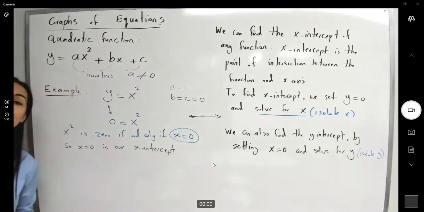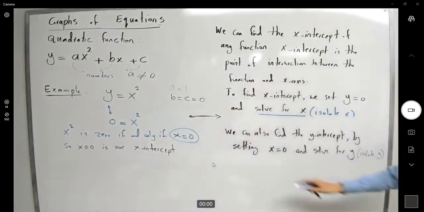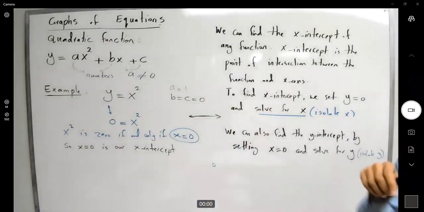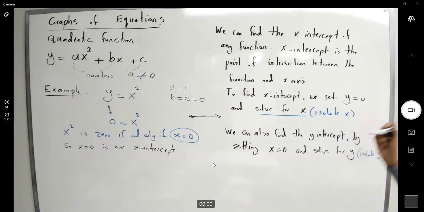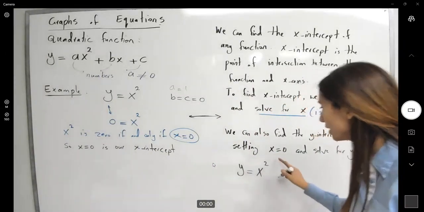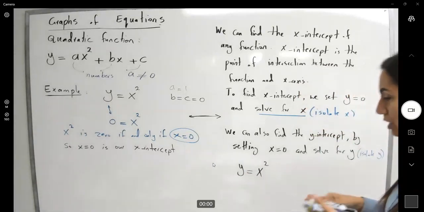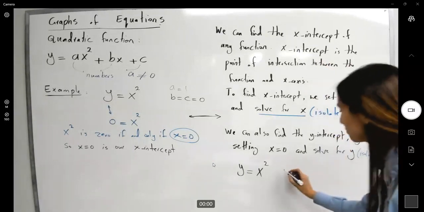What if I ask you to find y-intercept? To find y-intercept, you're going to set x equal to 0. Let us copy down the quadratic function here. Y is equal to x squared, and we set x equal to 0. So my y becomes 0 to the second.